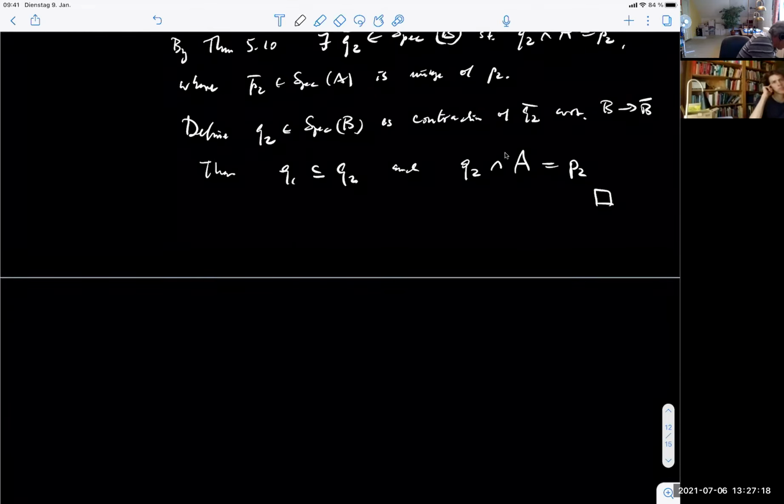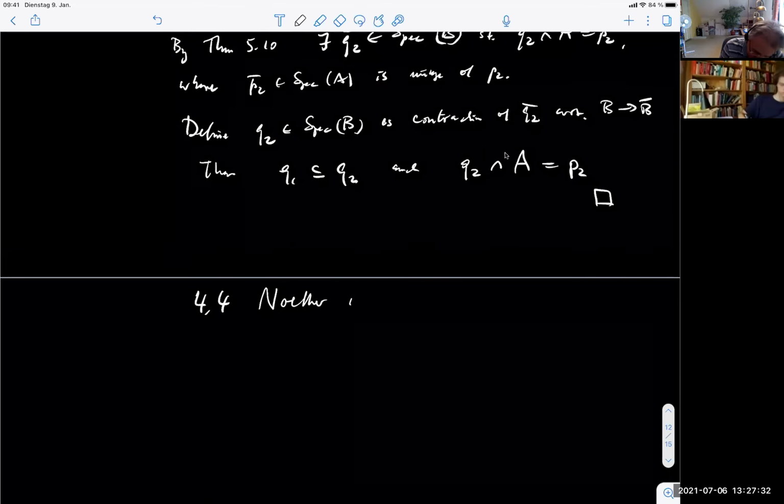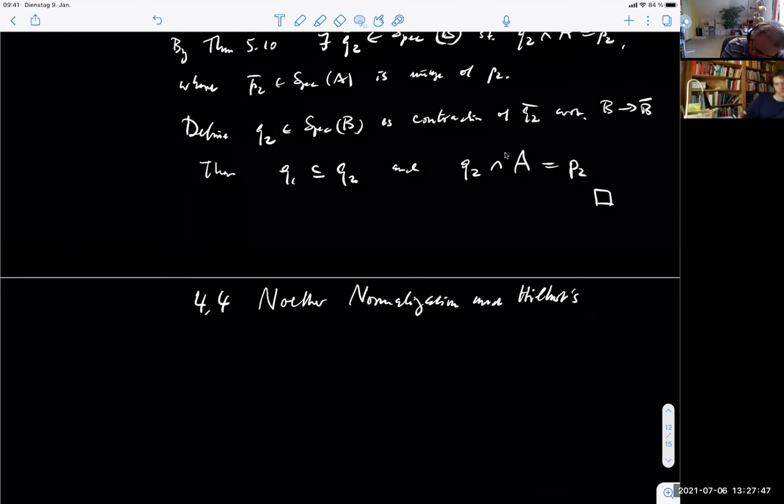Okay, next section. I'm going quickly now. This is something I cannot skip, it's so important. This is Noether normalization. And in this context, let's also do Hilbert's Nullstellensatz.